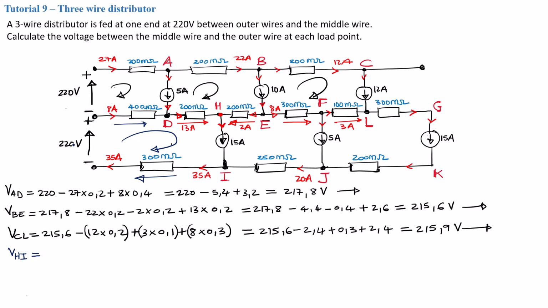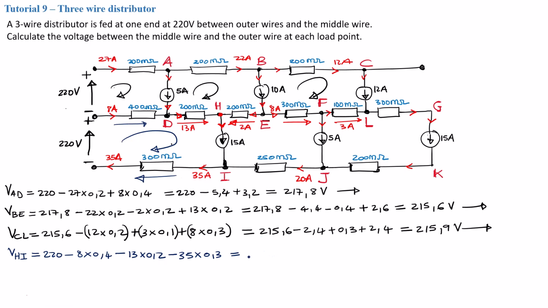And the voltage at this point here is what? 220. So we're going to have 220 minus 8 times 0.4 ohm minus 13 times 0.2, okay, and minus, now we come this side, now this is 35 amps, so it's 35 times 0.3, and that is for the voltage across a 300 milliohm resistance.